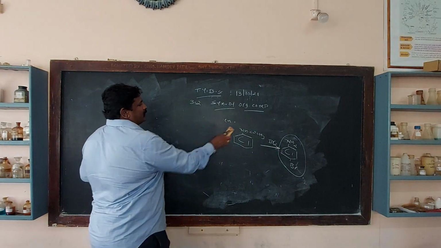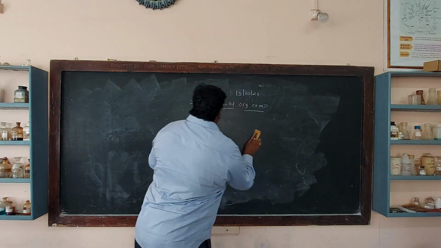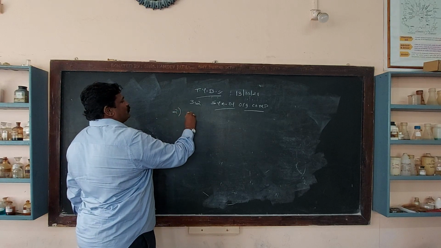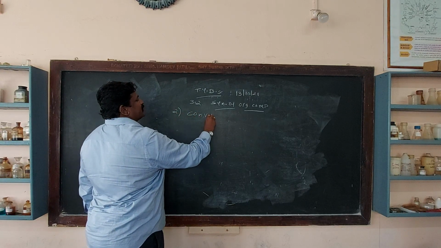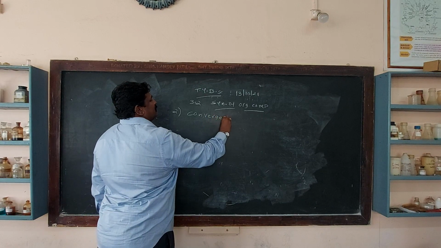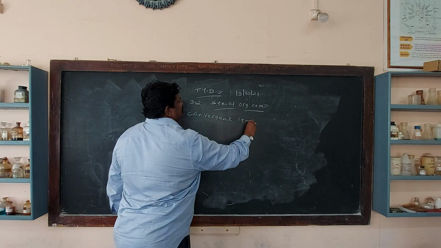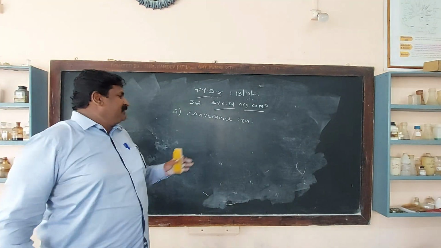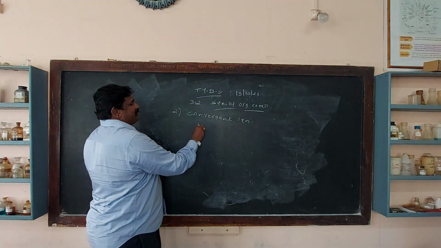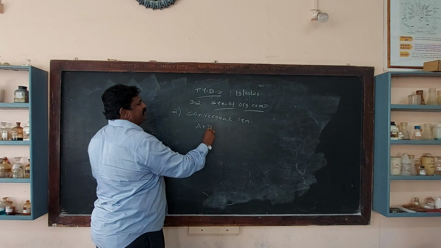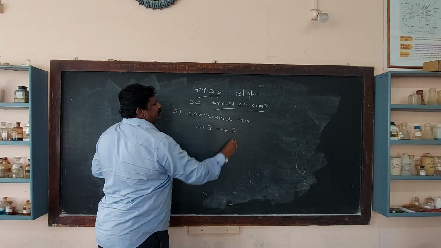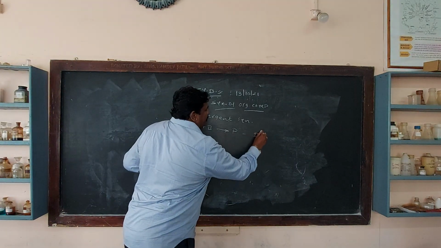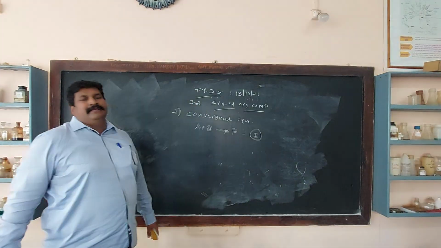Number 2, the second, which is known as very important, convergent synthesis. Number second is convergent, that is, see here, suppose step number 1, that is A plus B gives P product.